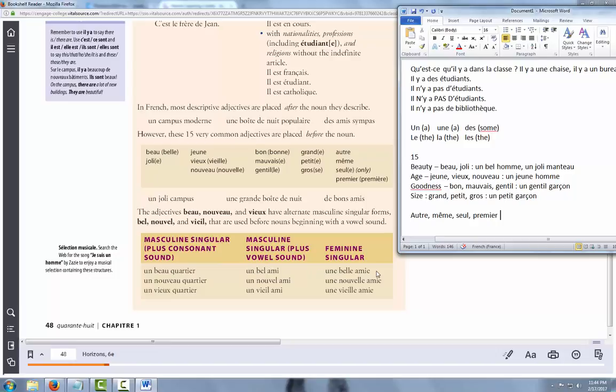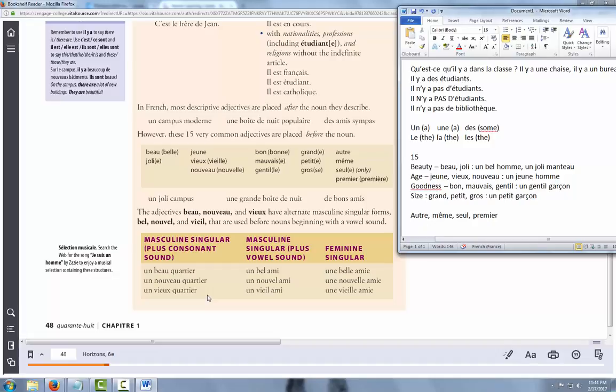It's different from the feminine form, which will be une belle amie, B-E-L-L-E. The same goes for nouveau, un nouveau quartier. When the word starts with a vowel, you change it to un nouvel ami, a masculine word starting with a vowel. And your feminine form is still nouvelle with E-L-L-E at the end.